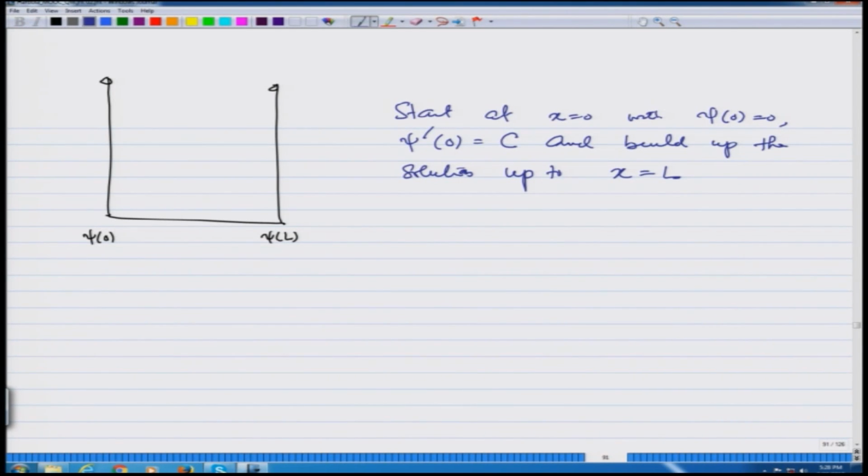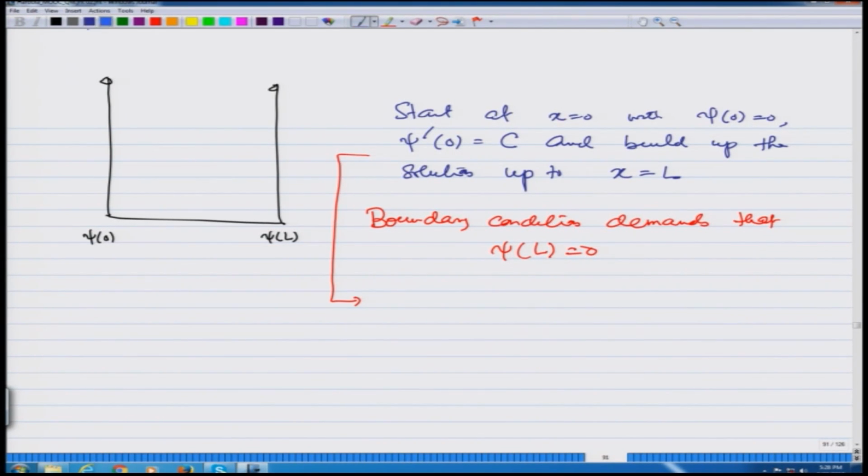Now, the boundary condition demands that psi(L) be equal to 0. Remember, when I am starting from psi at x equals 0, I am building up a solution, and the solution depends on E. How does that happen?